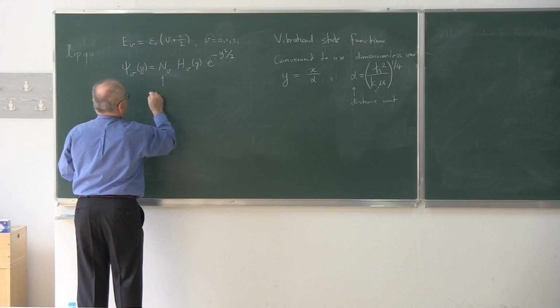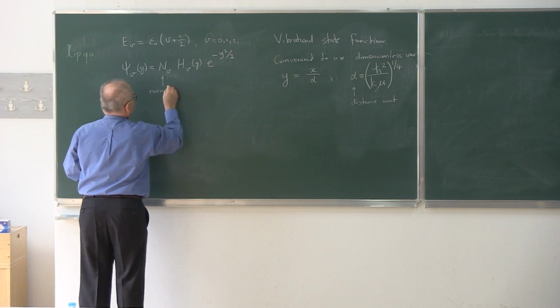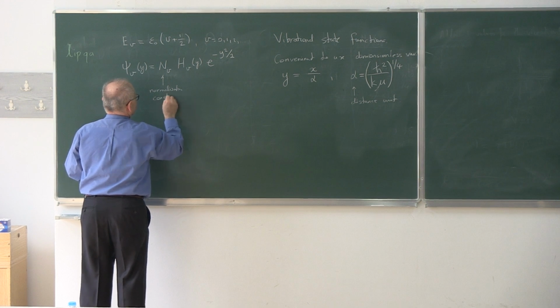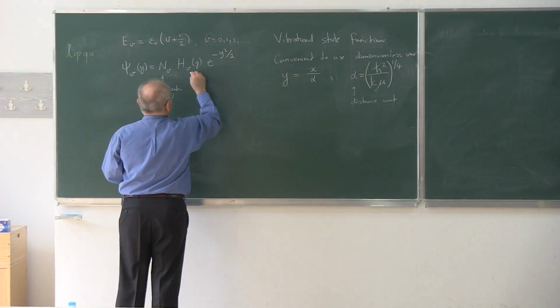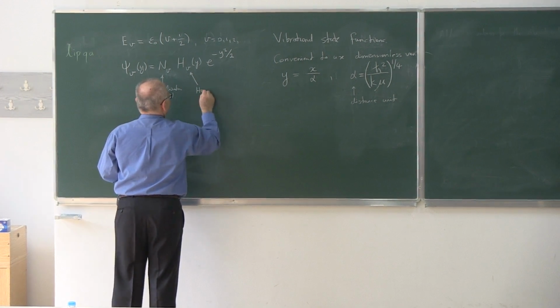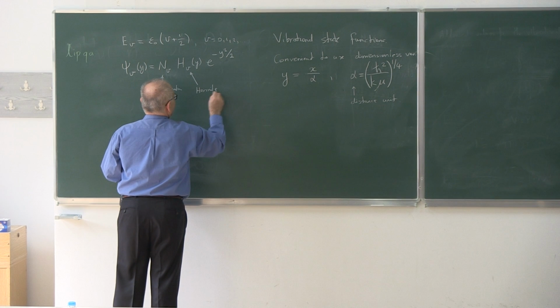This is the normalization constant. This factor is called a Hermite polynomial.